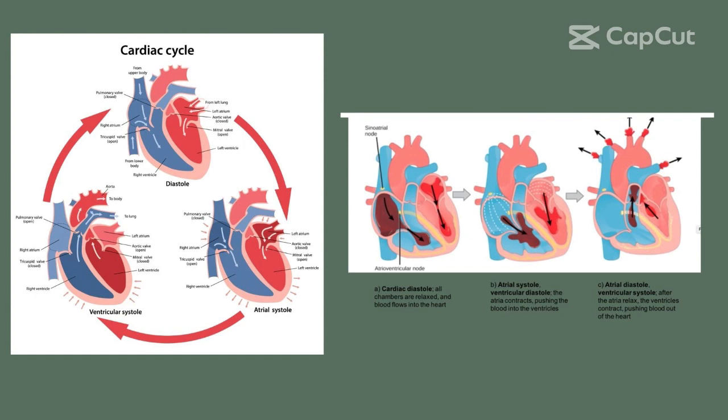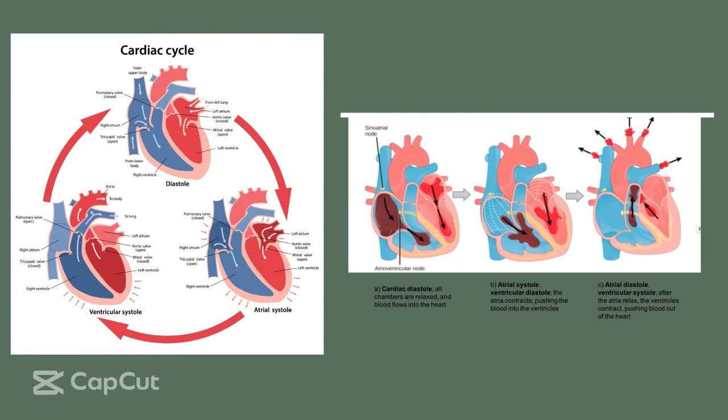And what this means is it's going to push open the atrioventricular valves and blood flows into the ventricles. Remember, at this stage, we are still in cardiac diastole, so the atrium hasn't contracted yet. All that's happening currently is that the blood is just flowing back into the atrium, it's filling up, and where that increase of pressure is happening, we've opened the atrioventricular valve and it's just passively moving into the ventricle. There's been no contraction yet.